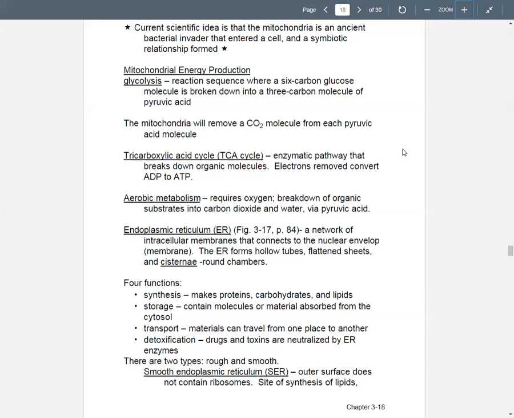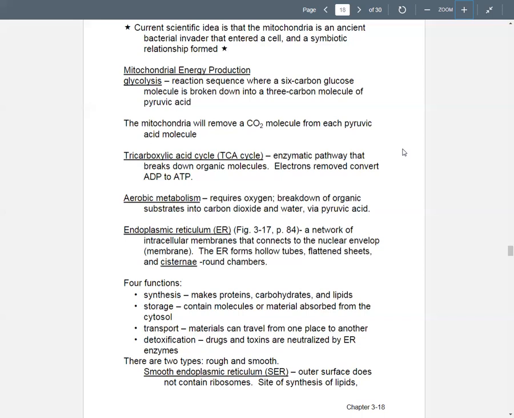So the ER is going to form what we call hollow tubes, flattened sheets, and another thing called cisternae, which are round chambers. Cisterns historically were chambers, so we're using that in the science context, a cisternae.